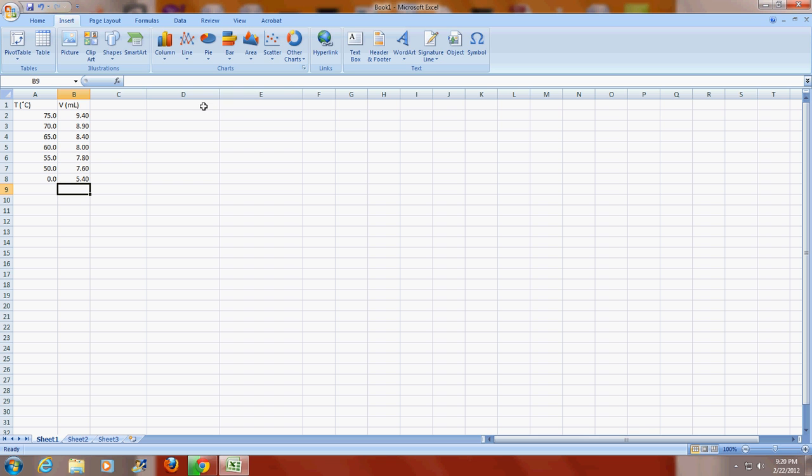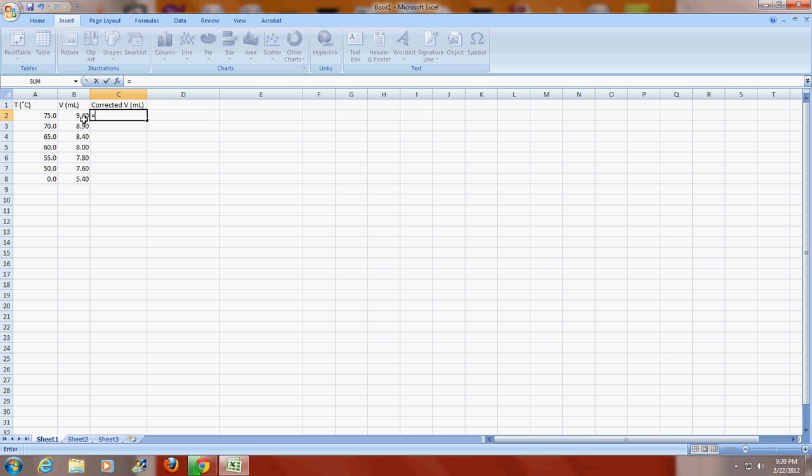And the first thing that it tells us to do is that we need to do a corrected volume. So this is our corrected volume, which is also in milliliters. And it tells us to take our volume and to subtract 0.2 from it. So I'm going to do an equation.